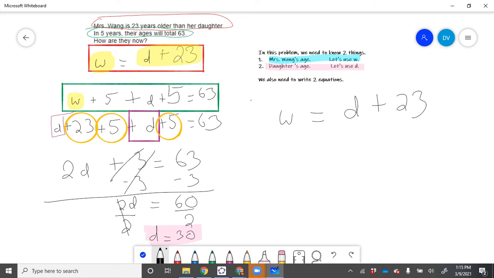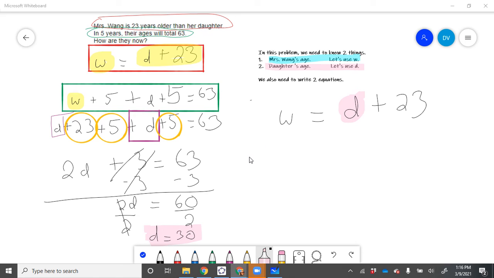Except I want you to remember that just a minute ago, we said that D is the same thing as 30. So we can replace that D with 30. And that's what I'm going to, wait a minute, did I make a mistake here? Hold on a second. Yeah, I made a mistake.